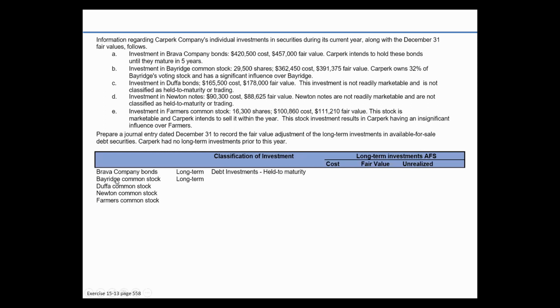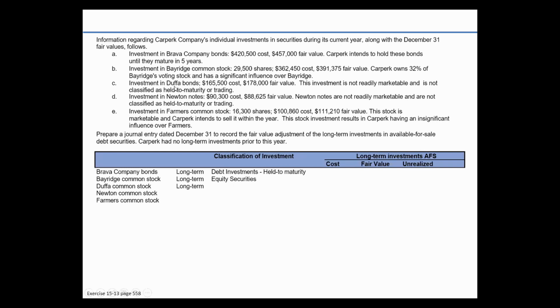And then they have an investment in Bay Ridge common stock, and CarPerks owns 32% of Bay Ridge's voting stock and has significant influence over Bay Ridge. So those are long-term equity securities.